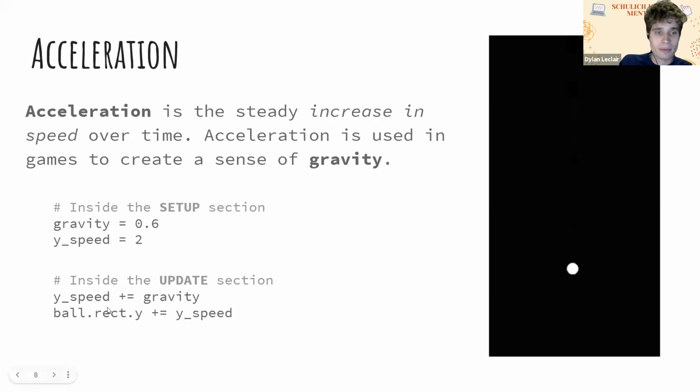So in your update section, you're going to want to take your speed variable and actually mutate it like it does here. This is absolutely essential. Otherwise, you'll just have the same linear motion and it won't get faster or slower. And then of course, you keep the same line as before to implement the speed, by adding the speed to the position.